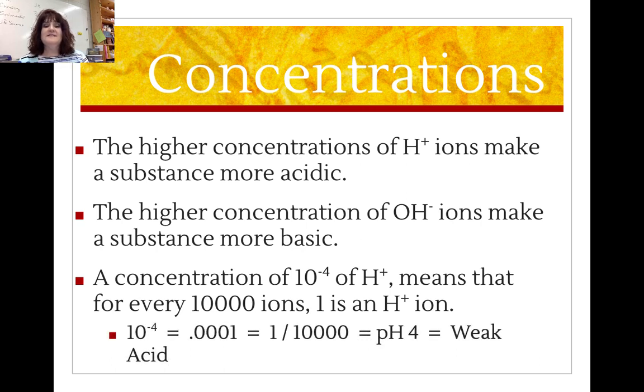And this is the part you should definitely write down at the bottom: 10 to the negative 4 is 0.0001, which is 1 over 10,000, which is a weak acid. That means that you have one H positive for every 10,000 ions in the solution.